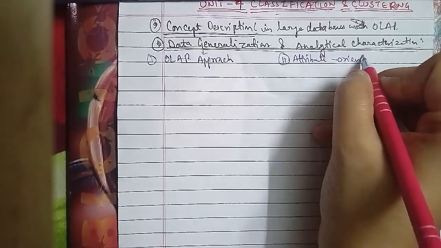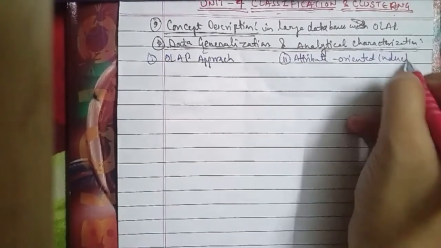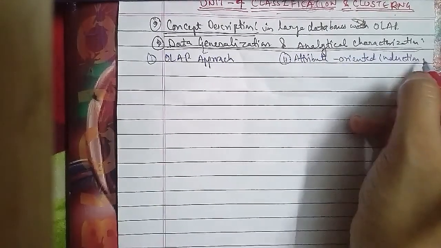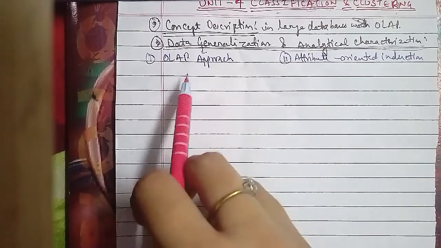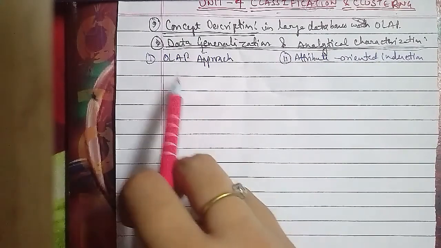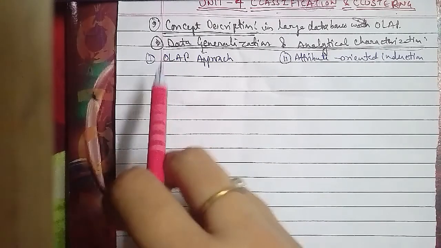In the OLAP approach, the data cube technology can be considered as a data warehouse based, pre-computation oriented, materialized view approach, and it performs an offline aggregation before an OLAP or a data mining query is submitted for processing as well.